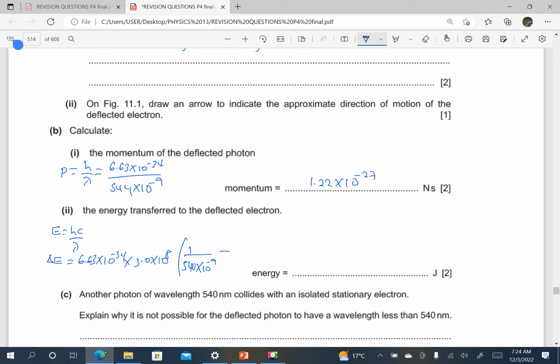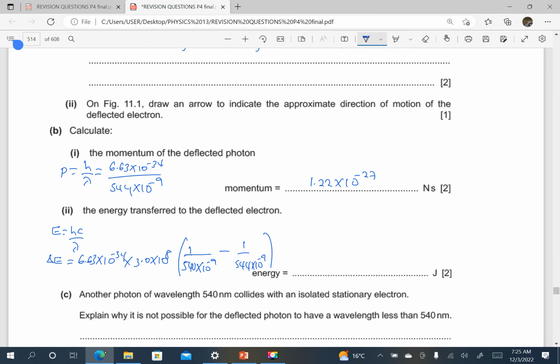After deflection, it is 544 times 10 power negative 9. So press the calculator. I'm just getting the difference in energy, that's why I'm subtracting the wavelengths here. I'll open my bracket: 1 divided by 540 exponent negative 9 minus 1 divided by 544 exponent negative 9.